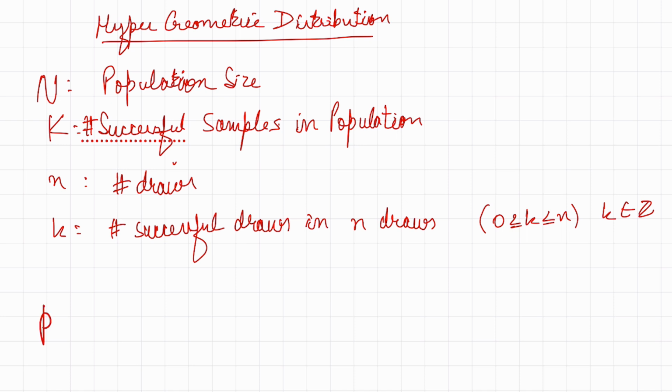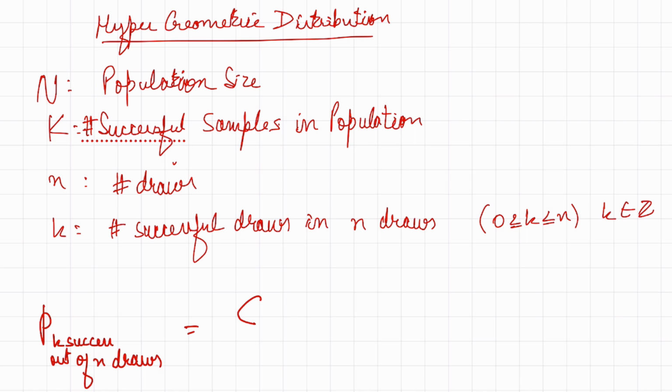The probability P of getting k successes out of n draws is equal to the following. Let's first select k successful items, which we need to find out of the successful samples in the population.